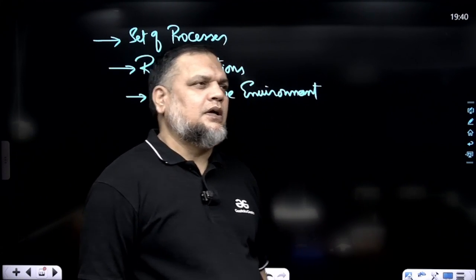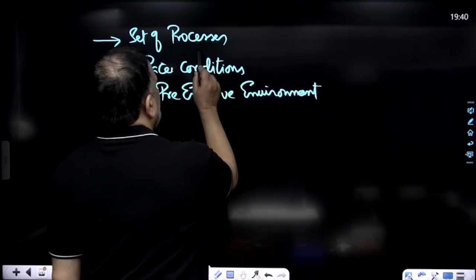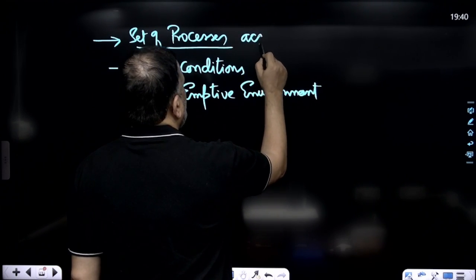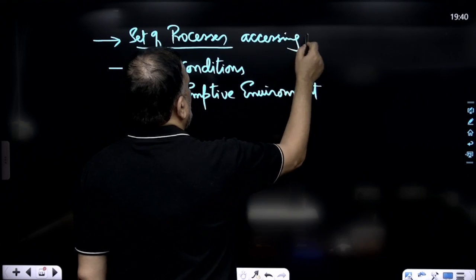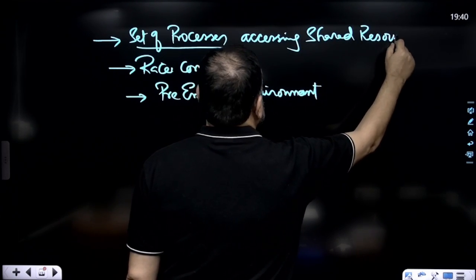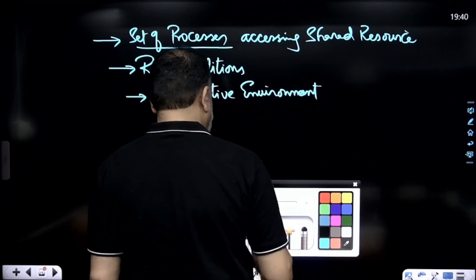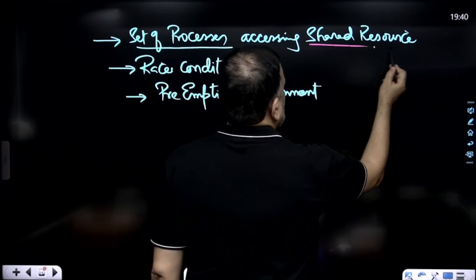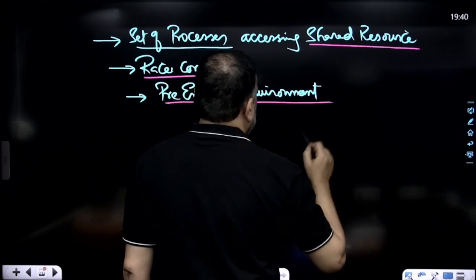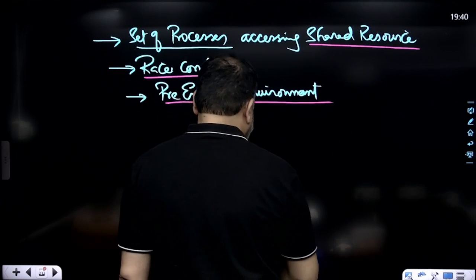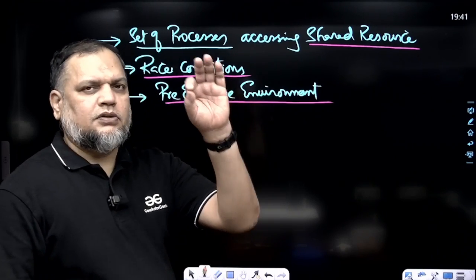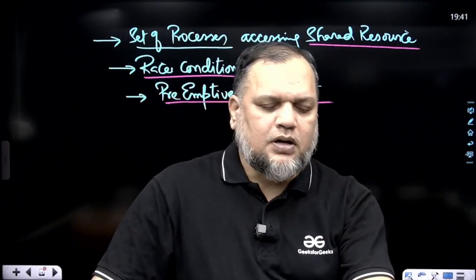If these three conditions exist, that means a set of processes accessing a shared resource, a race going on between the processes, and preemption existing, then there is every possibility that I may encounter a problem.